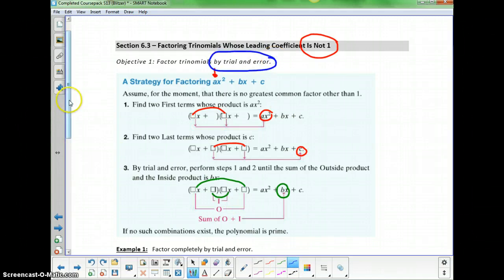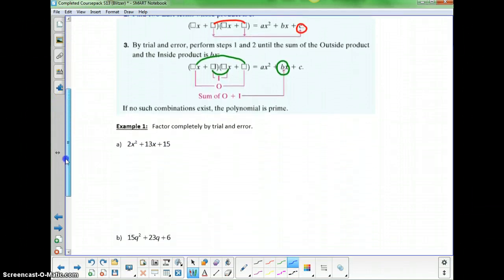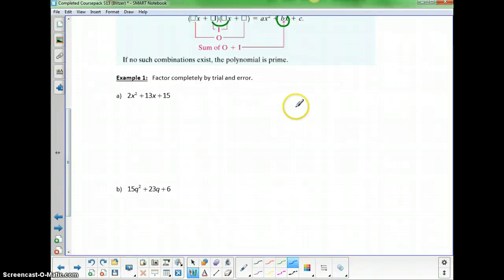So we're going to talk about trial and error, and I'm going to show you an example down here of how it works. Alright, for trial and error, I'm going to think of all the things that go into 2. So I know that 2 can be 2 times 1 or 1 times 2. Okay, 15 could be 1 times 15 or 3 times 5.